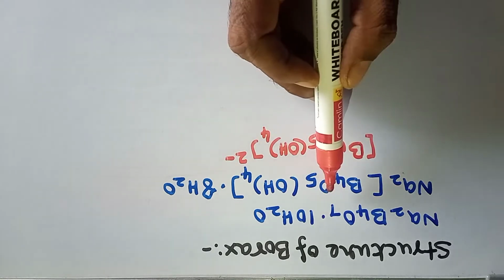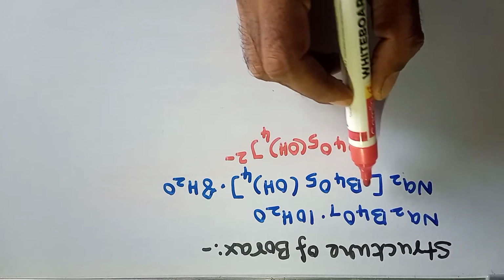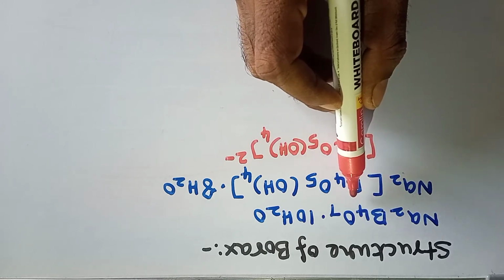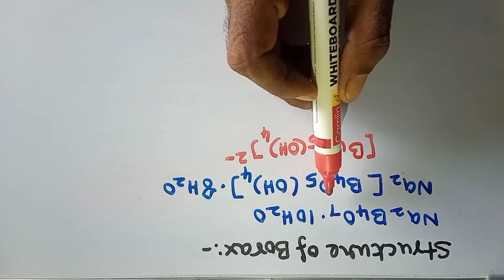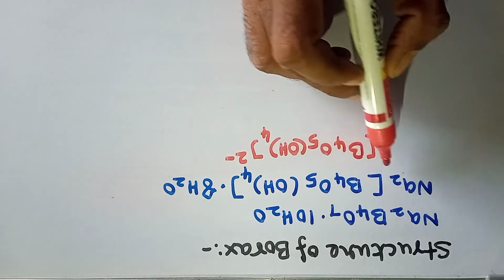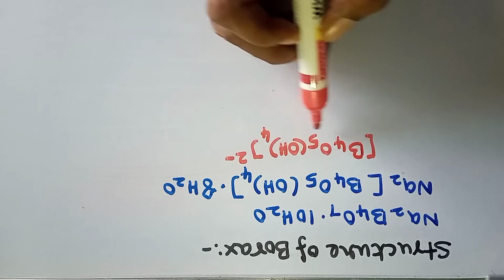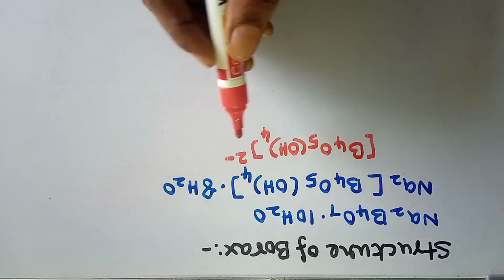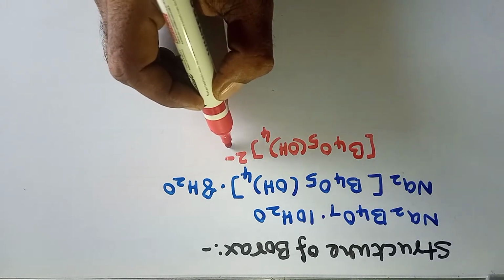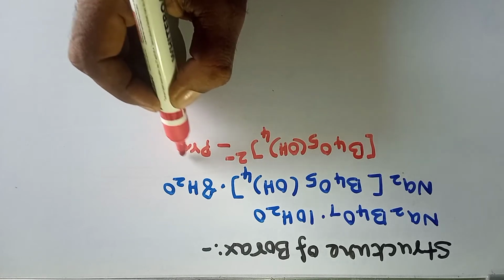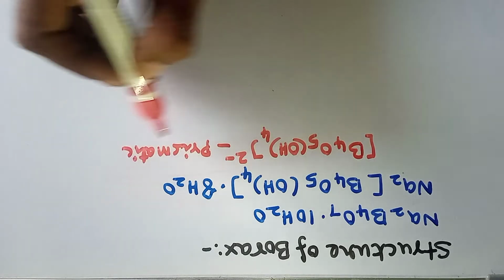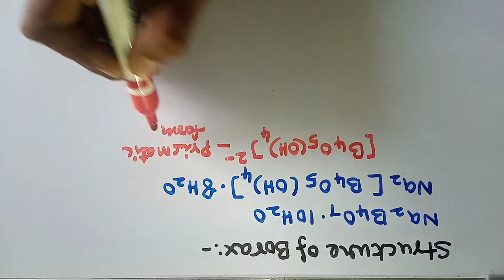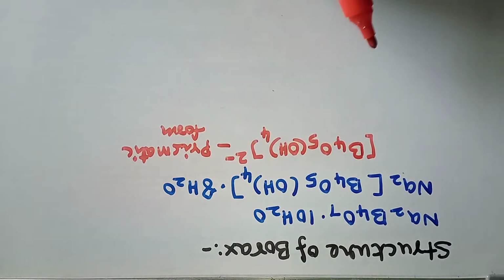The chemical name for borax is sodium tetraborate decahydrate. This form, [B4O5(OH)4]2-, is called the prismatic form.